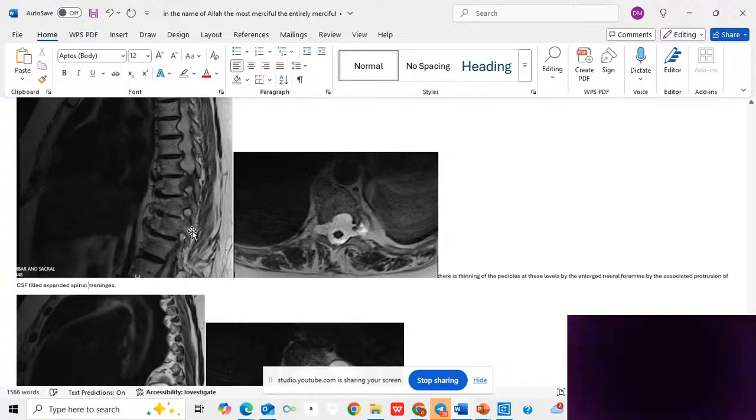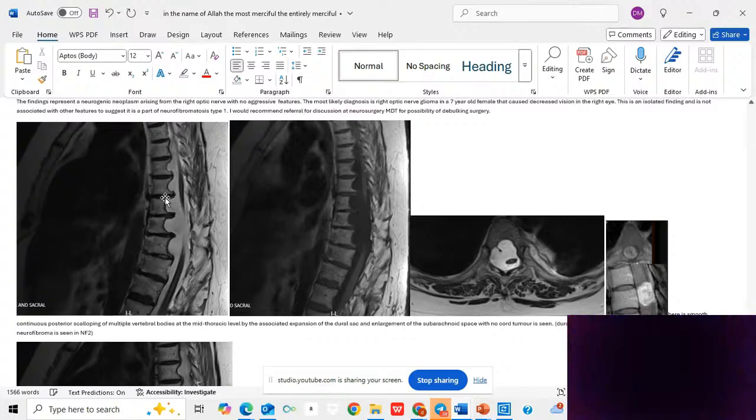So, how to comment? There is thinning of the pedicles, and the thinning is caused by enlargement of the neural foramen, and the enlargement of the neural foramen is caused by protrusion of CSF filled expanded spinal meninges.